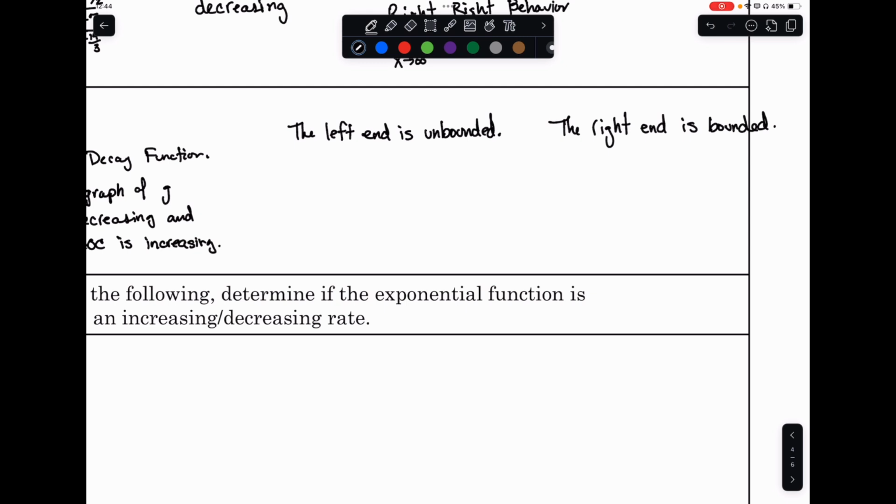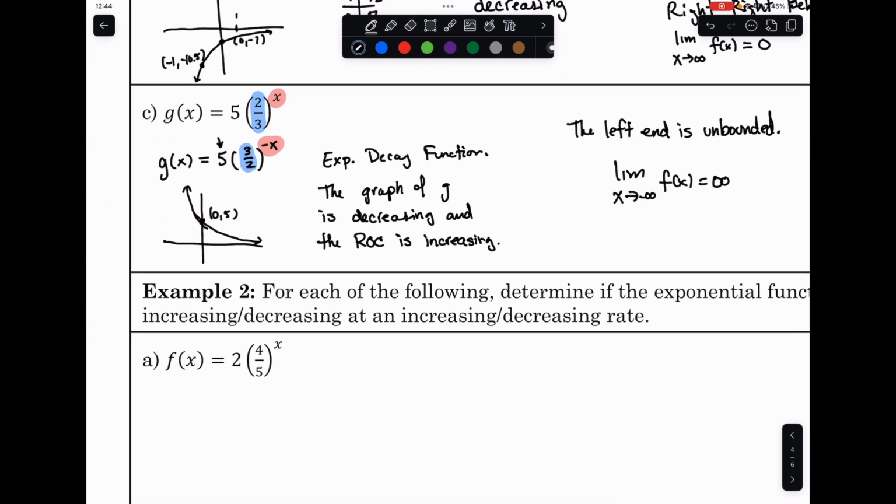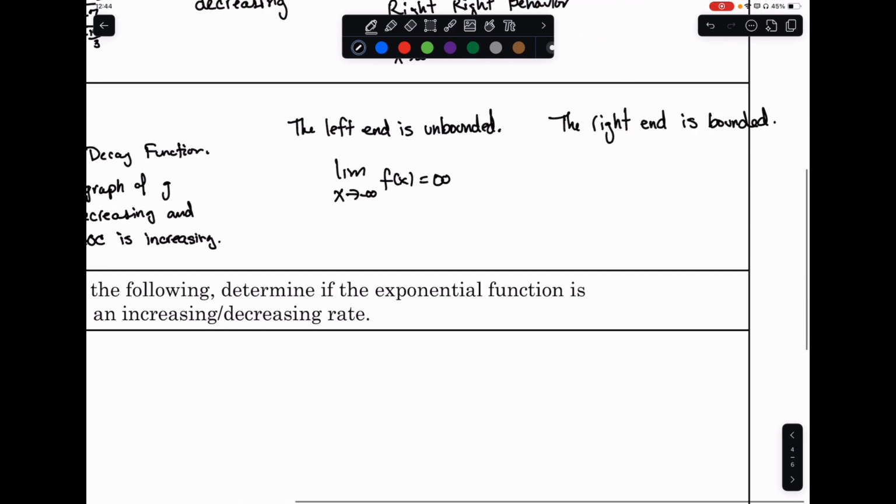So with the left end being unbounded, that means that the y values of the function are approaching an infinity. And in this case, it's going to approach positive infinity since it's above the horizontal asymptote. And since the right end is bounded, the right end is going to be bounded by the horizontal asymptote.